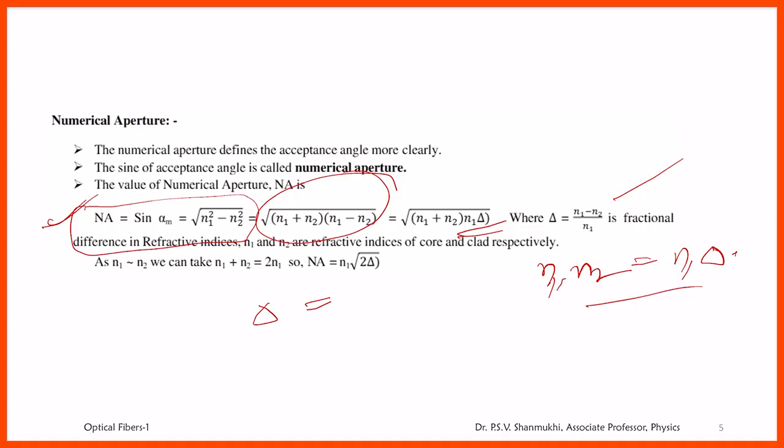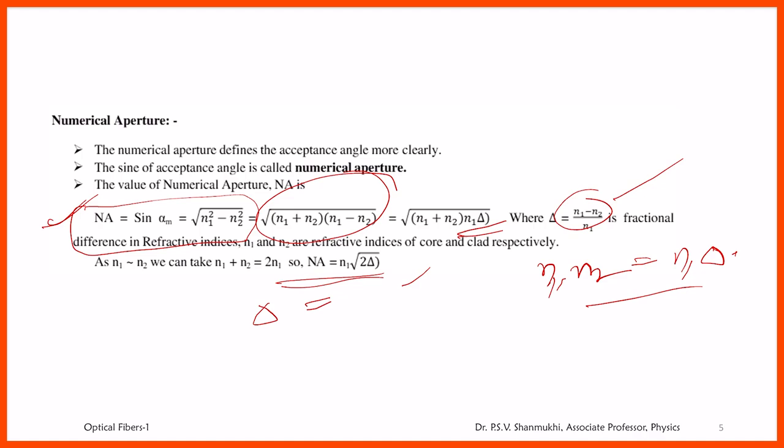Very, very small difference. During the difference, you cannot take it as 0. During the addition, you can take it as approximately equal. That's why N1 plus N2 is taken as 2N1, and N1 minus N2 is taken as N1 into delta. Therefore, what is the numerical aperture now? NA is equal to N1 into root over 2 delta, where delta is the fractional index difference.